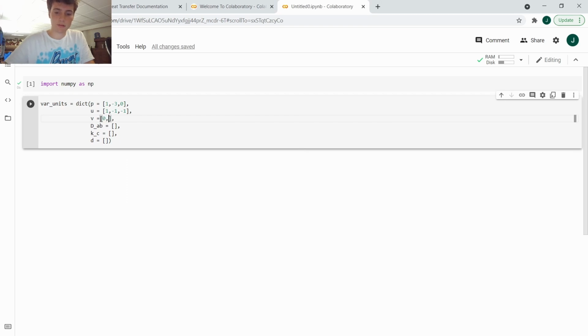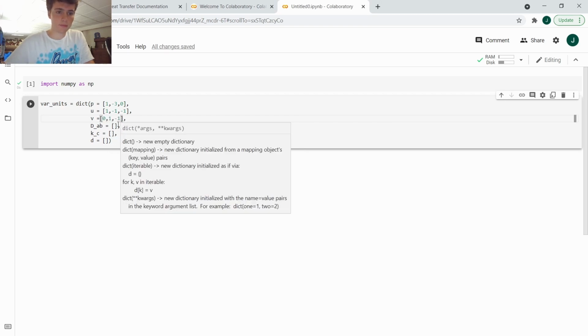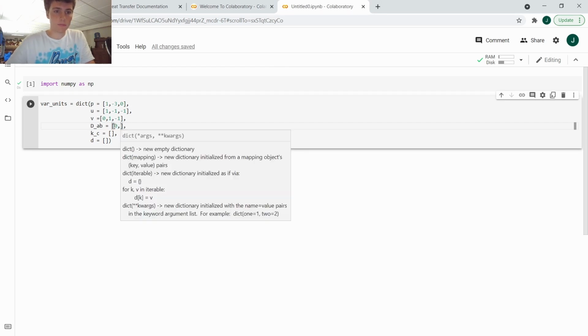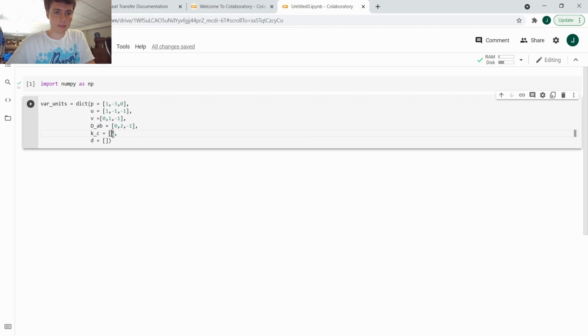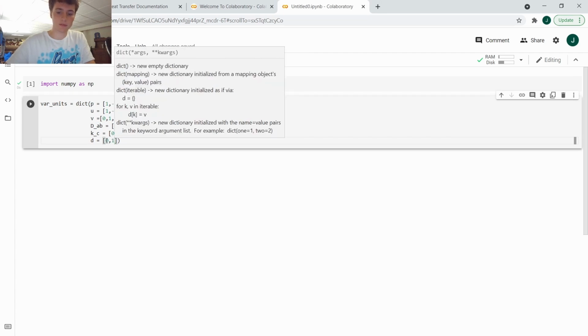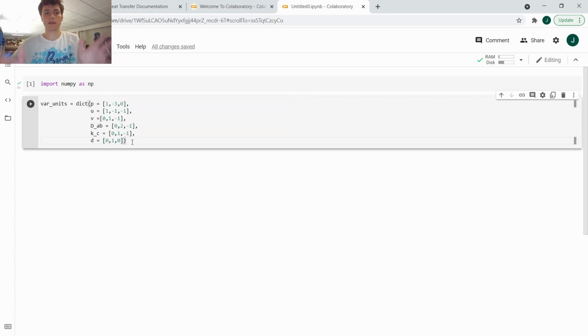Velocity is meters per second. Diffusivity is meters squared per second. Mass transfer coefficient is meters per second, and diameter of the tube is just meters. I'm taking all the variables and giving their associated units, keeping it in a dictionary so I can access it later. All right, that's all good.